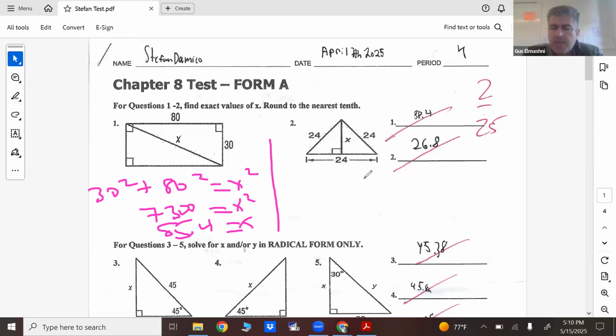And then for this one, you don't have to use Pythagorean theorem. You could use, well actually, yeah, you should. I mean it's a 36-90 ratio, but it says around.